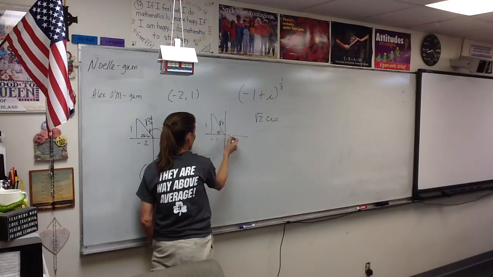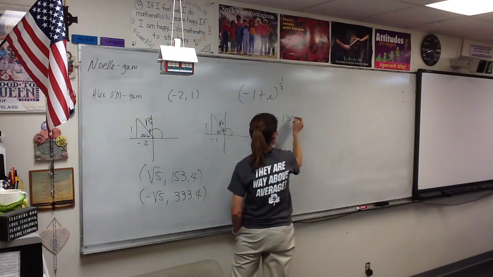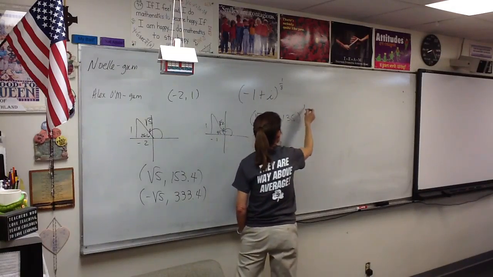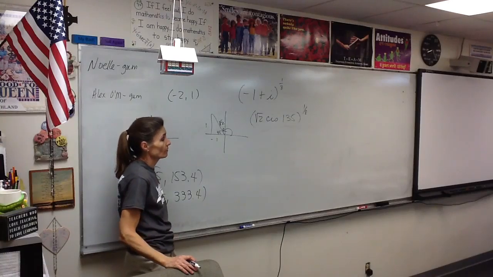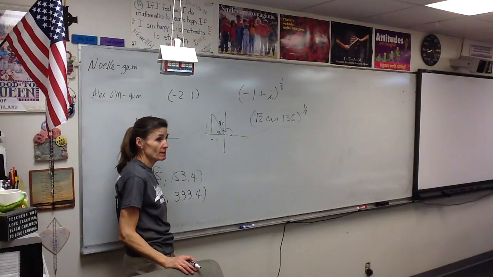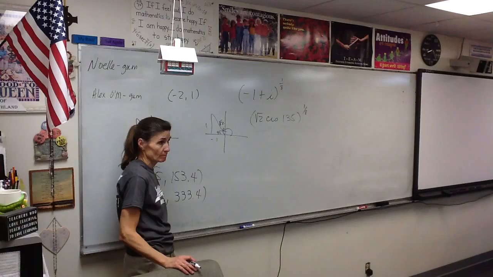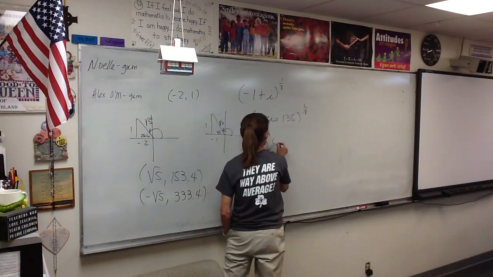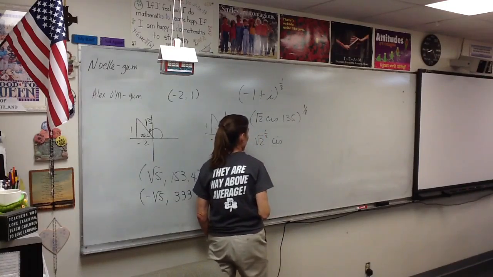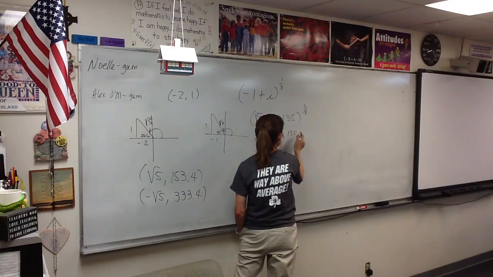This one's 45, so that's 135. And I'm going to raise that to the 1/8 power. So what does De Moivre tell me to do? Take √2 to the 1/8 power and multiply the angle times the power.